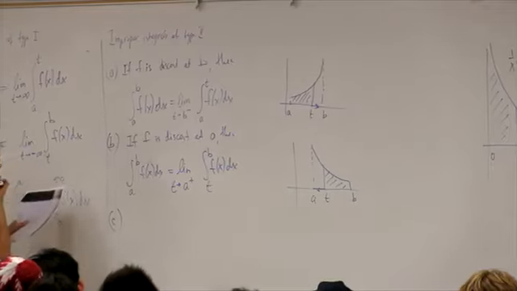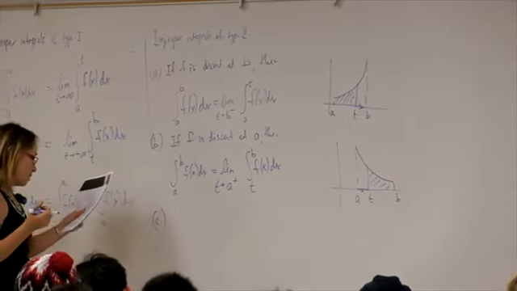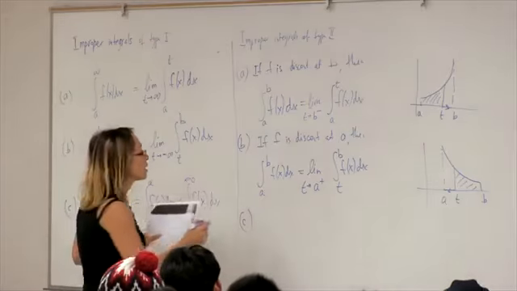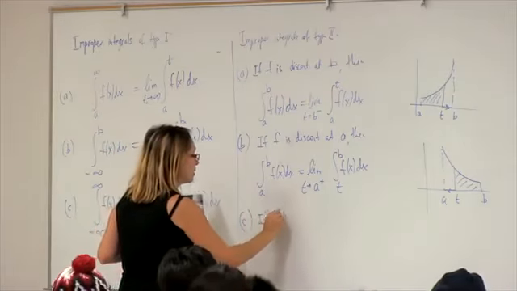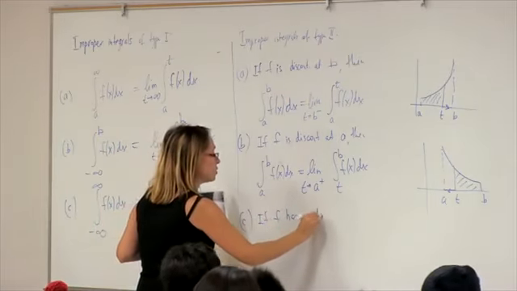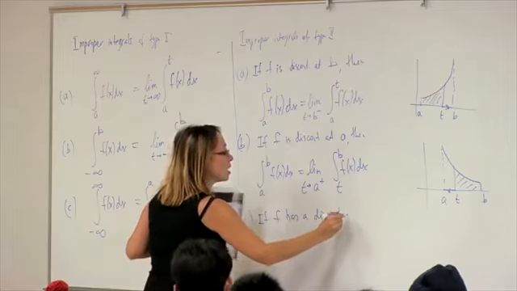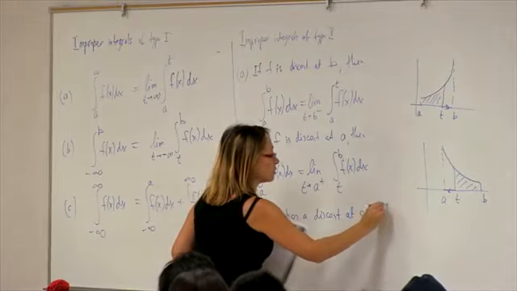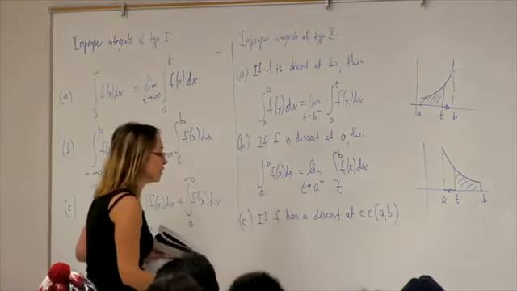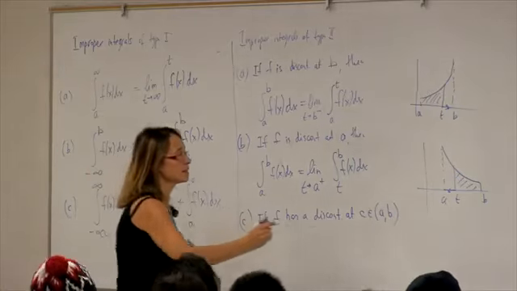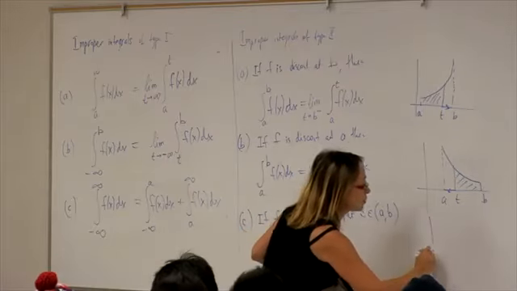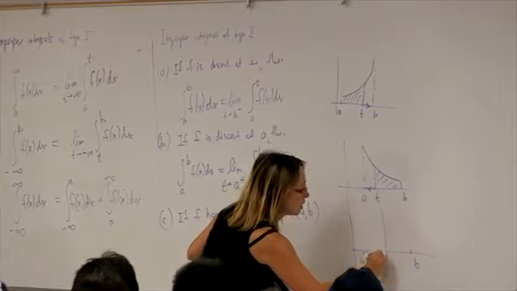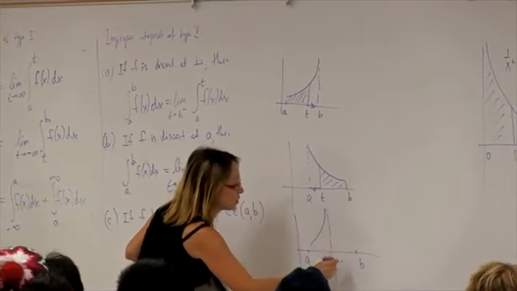Finally, type C happens when the discontinuity is somewhere between a and b. If f has a discontinuity at c, which belongs to the open interval between a and b, so the function experiences a discontinuity somewhere between its limits of integration, for example, from a to b at point c, we have a discontinuity like this.